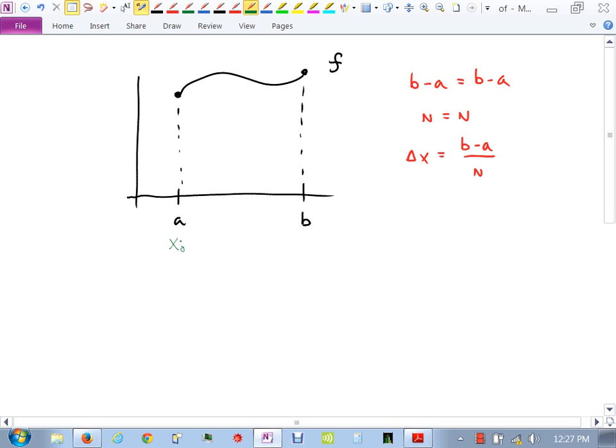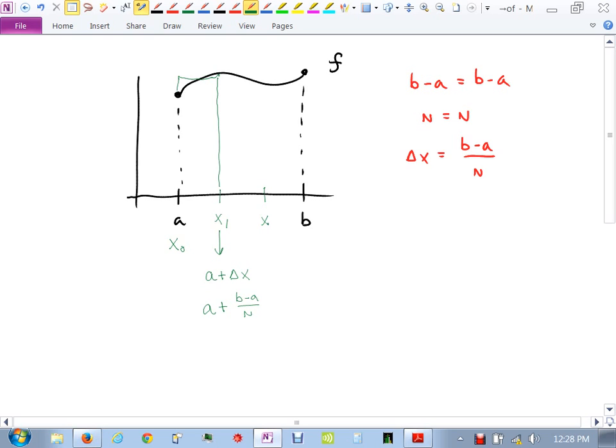My next point, x1, will be the right side of the rectangle that I'm going to draw. I will always be able to get to it by taking a plus delta x, which for me is a plus (b minus a) over n. Delta x is (b minus a) over n.